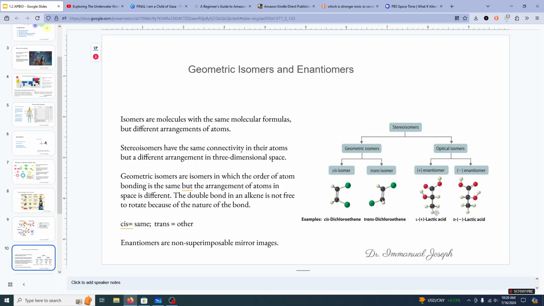If you place your palms on top of each other, you'll see that your thumbs are pointing in opposite directions. So that non-superimposability is what makes optical isomers. The L-lactic acid and the D-lactic acid are mirror images of each other.